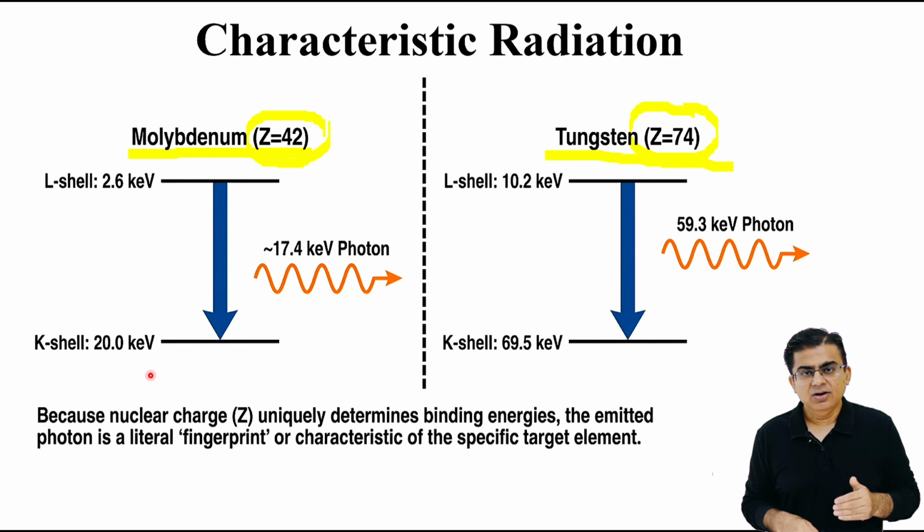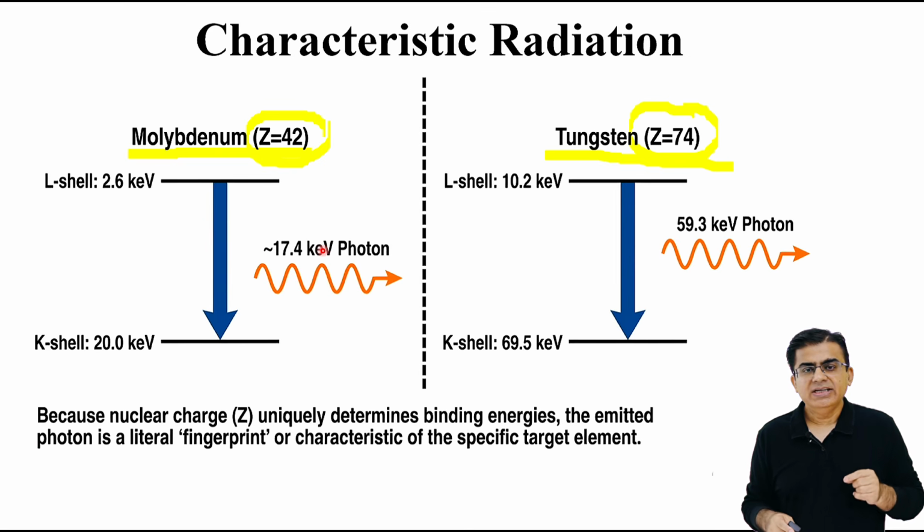Its inner K shell only has a binding energy of 20 keV. Its L shell is even weaker at just 2.6 keV. When an electron drops between these two specific shells in molybdenum, the energy difference is much smaller. It releases a photon of exactly 17.4 keV. 20 keV minus 2.6 keV equal to 17.4 keV characteristic X-ray photon.